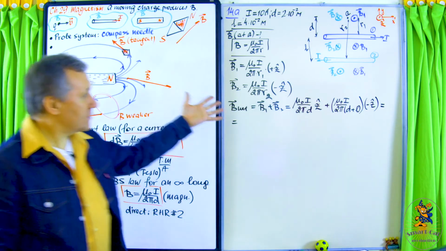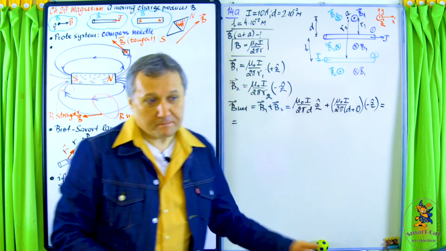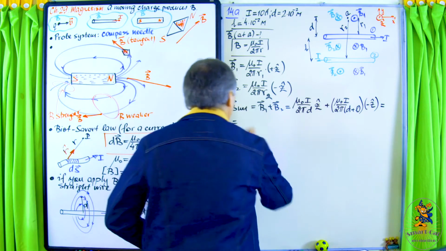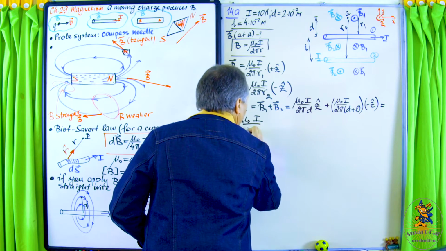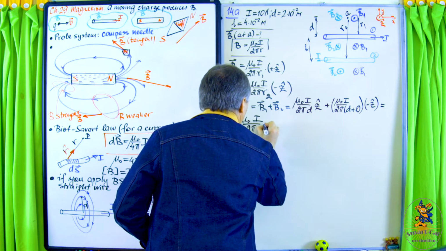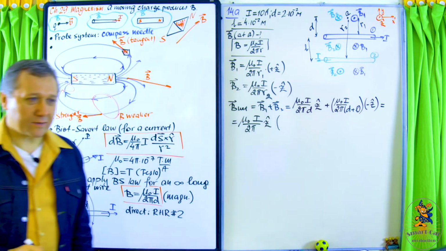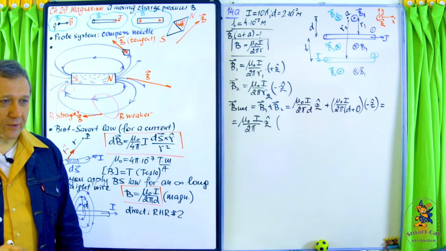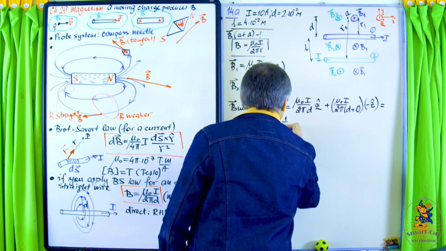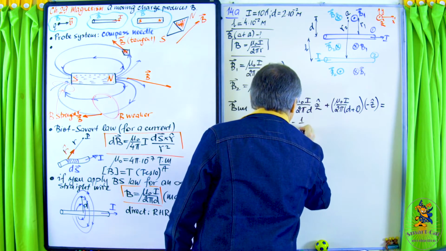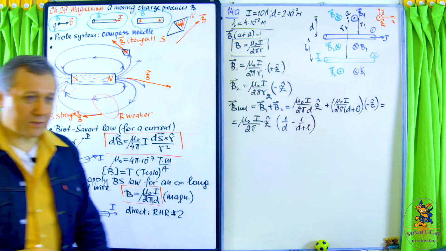So basically it's done, because everything is given: mu naught, I, D, L. We can make it look nice. We can factor out mu naught I divided by 2 pi and the unit vector in the z direction. And what will be inside? 1 over D minus 1 over D plus L.